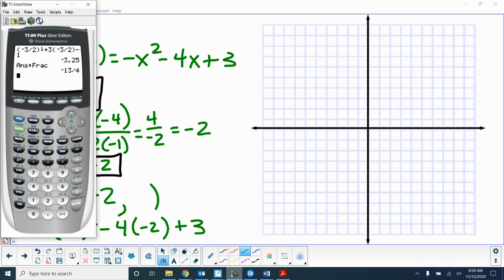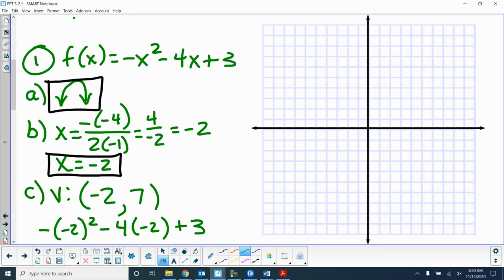So just put it in the calculator. You get 7. You get that? Negative 2, 7. So there's that answer. All right.